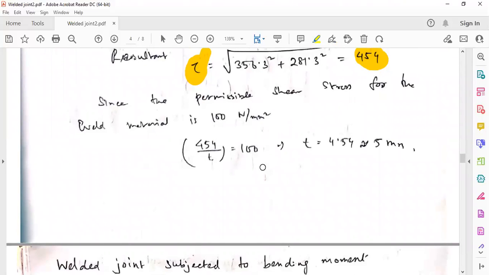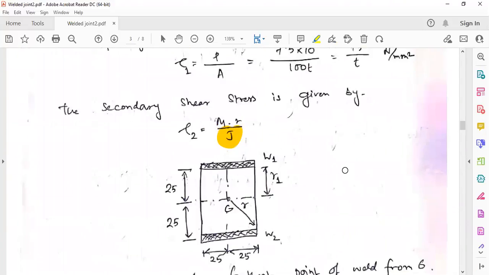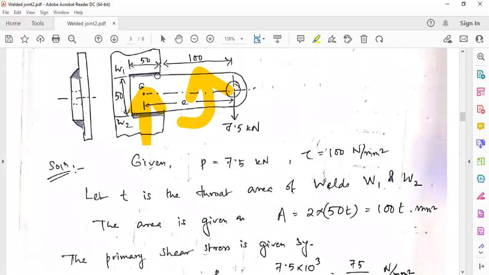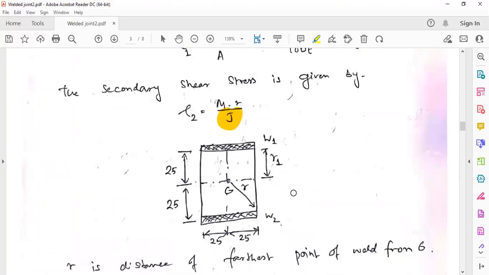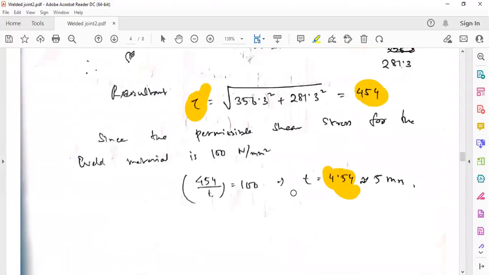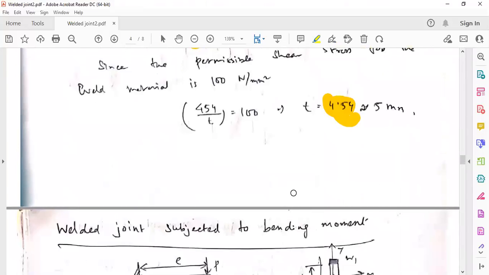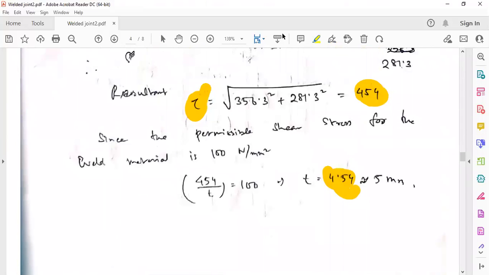So we will just equate it to 100 and we'll get the required throat thickness. If the throat thickness is 4.54, or nearly 5 mm, then this part will sustain the full load and it will not fail. That is what we needed to investigate from this. I'll finish this part here, and the next part I will explain in the next video.